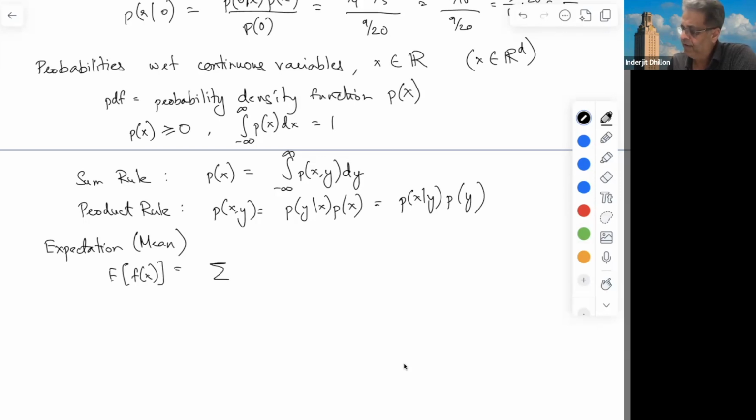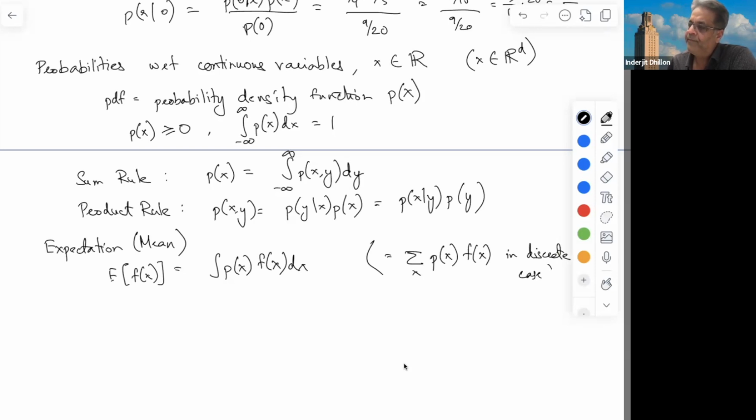In the discrete case, it would be, sorry, maybe I won't write it here, but this is going to be the integral of p of x times f of x dx. Okay, and in the discrete case, it would have been the summation of p of x times f of x. Okay, in particular, I have that the expectation of the random variable is equal to the integral of x times p of x dx.